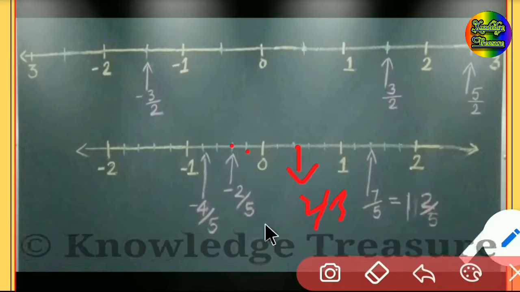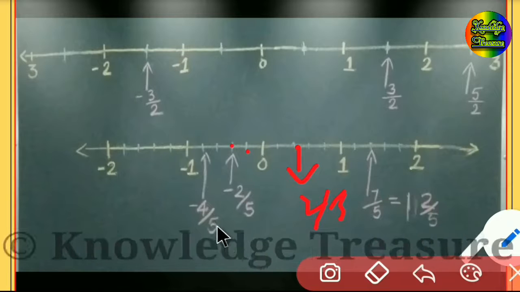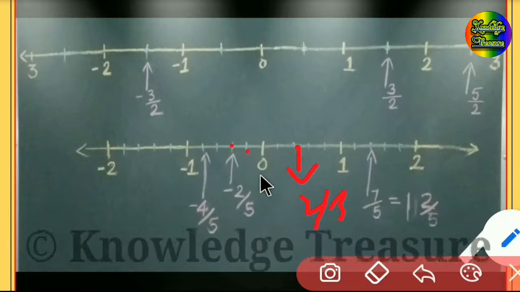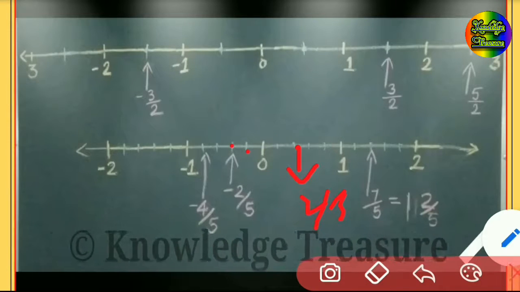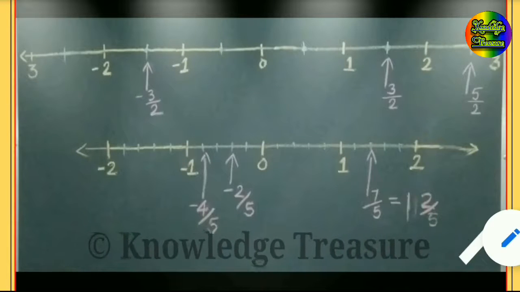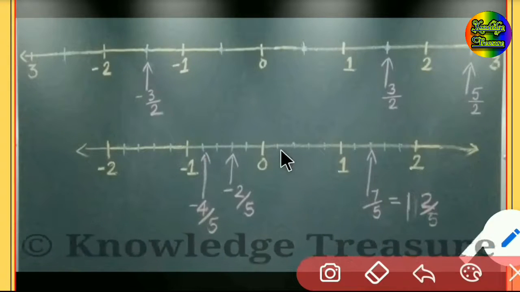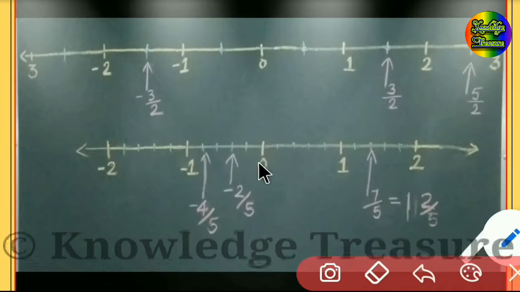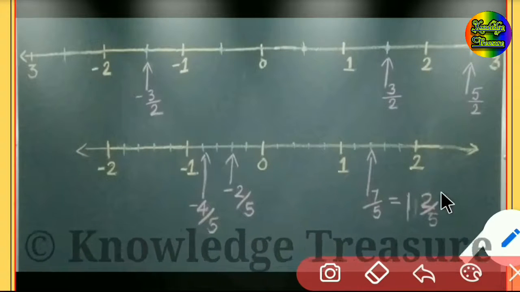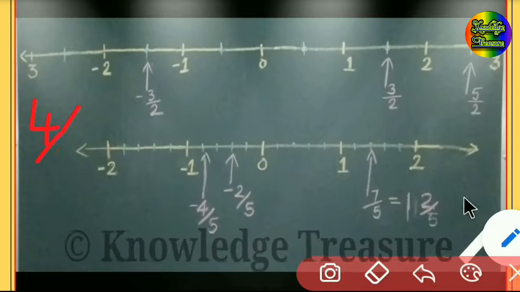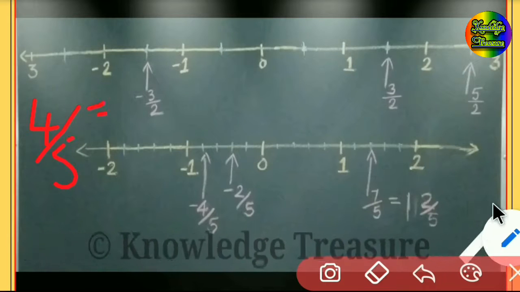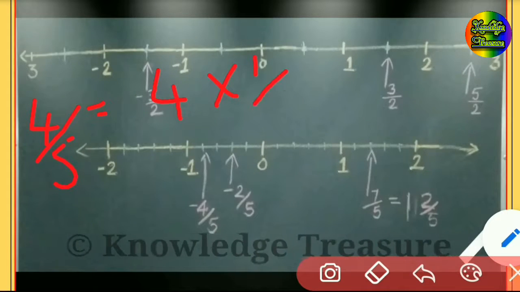Okay. Next one, you have to show minus 4 upon 5. Similarly, first you have to show the positive 4 upon 5. Each one has the value 1 upon 5. So how can you write 4 upon 5? 4 upon 5 can be written as 4 into 1 upon 5.